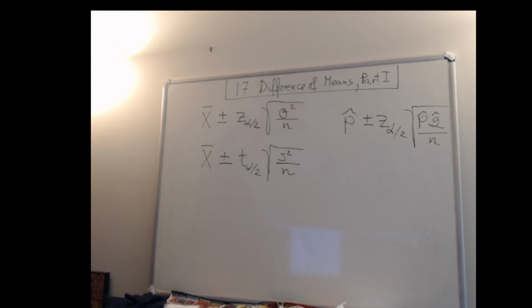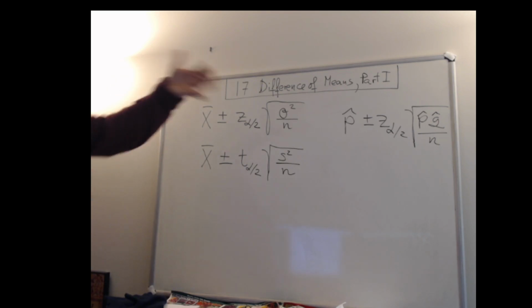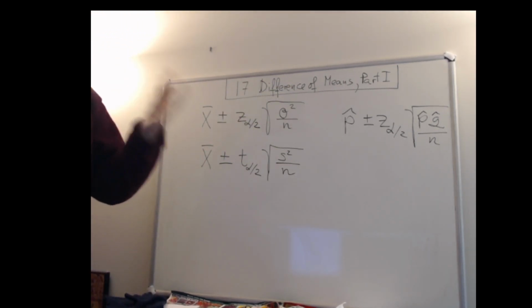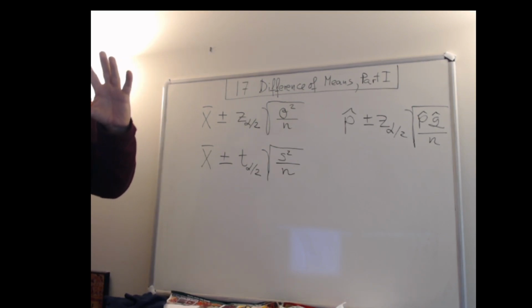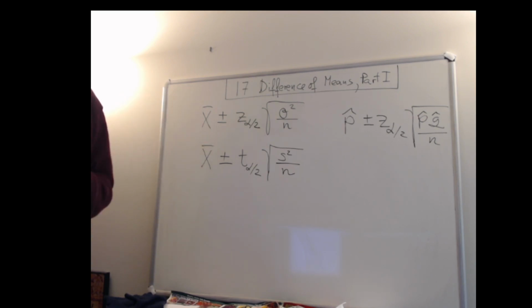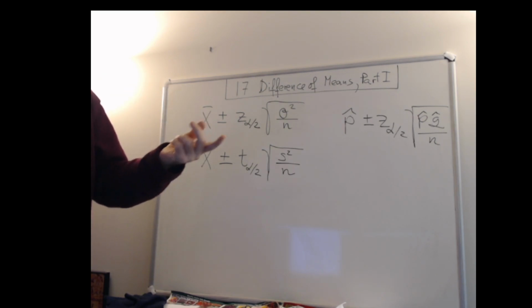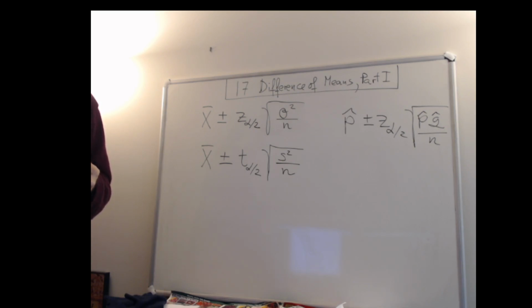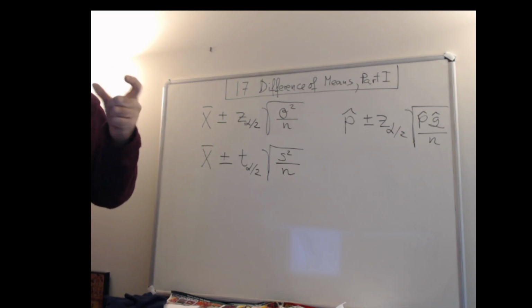Okay, now what if you're doing that for two different variables, in which you would be interested in finding out the difference between the two? For example, if you're estimating proportion, you could estimate from a poll the proportion of male voters that would vote for a particular political candidate, and the proportion of female voters that would vote for that candidate. And then you would like to know the difference of these two.